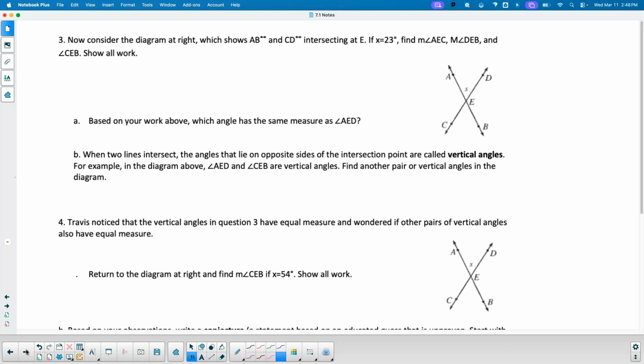Next one that we want to talk about is vertical angles.